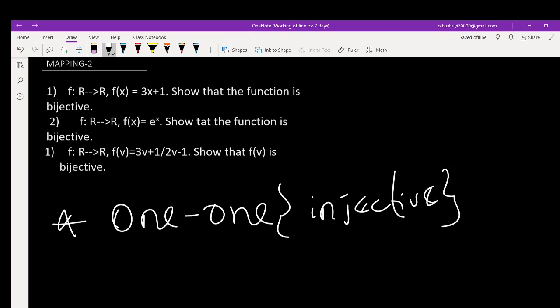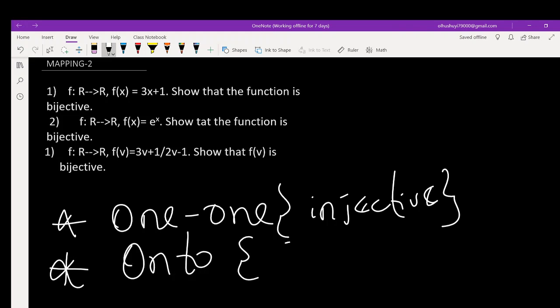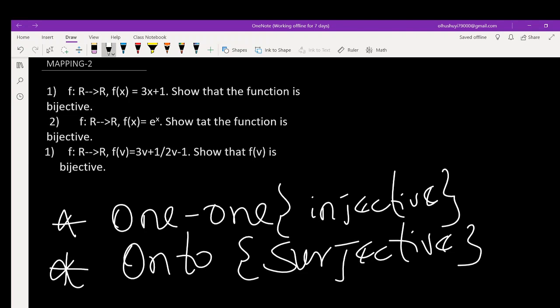And two, such a function should be onto. And what does that mean? It should be surjective. Once these two are carried out, then we say it is what?